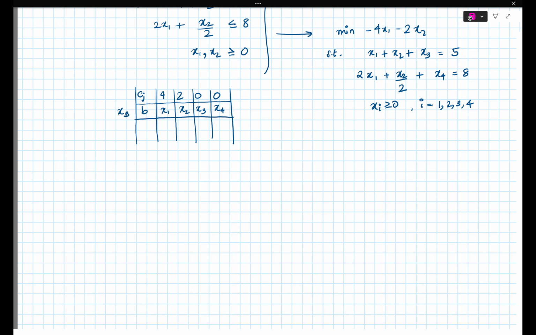And the basic variables, and the coefficients of the basic variables in the objective. For each of the variables you also compute this quantity equal to zi minus cj.